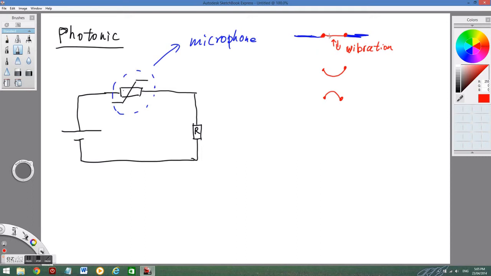Thus, this material moves forward and backwards. So when electricity goes through it, what's happening is the resistance of the material changes when it moves forward and when it moves backward.